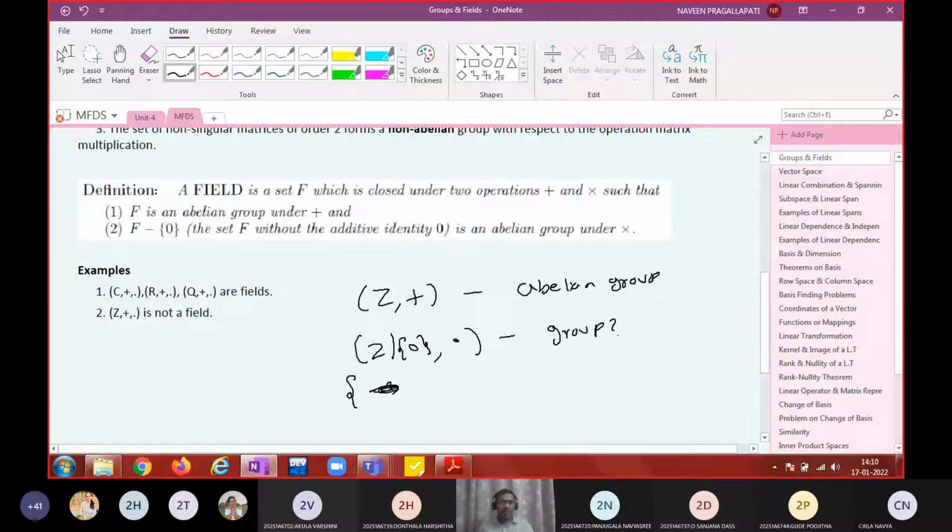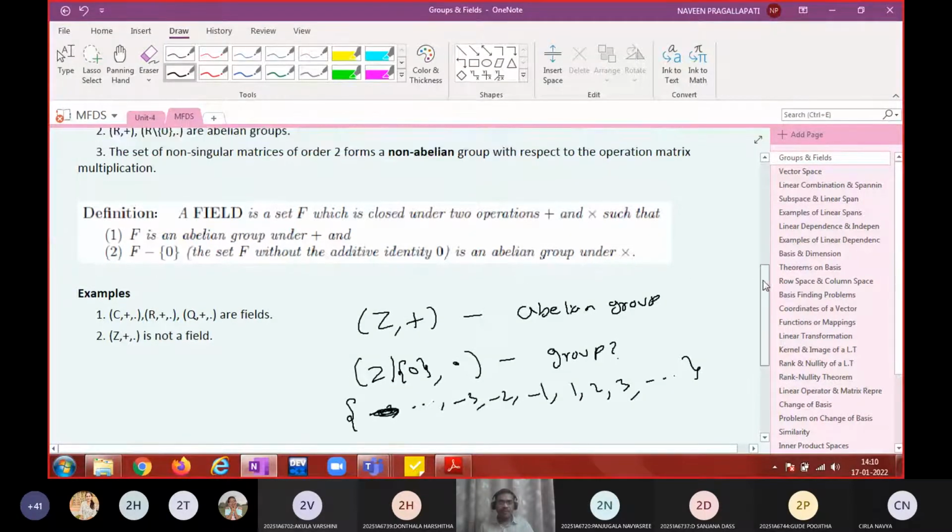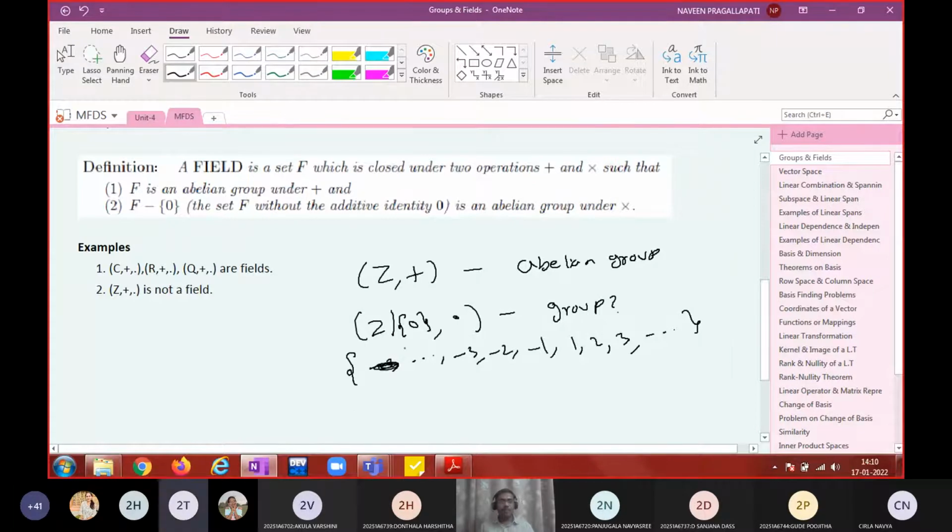Minus 3, minus 2, minus 1, and we are excluding 0, so 1, 2, 3 and so on. Is this a group with respect to the multiplication of numbers? Does a multiplicative inverse exist?